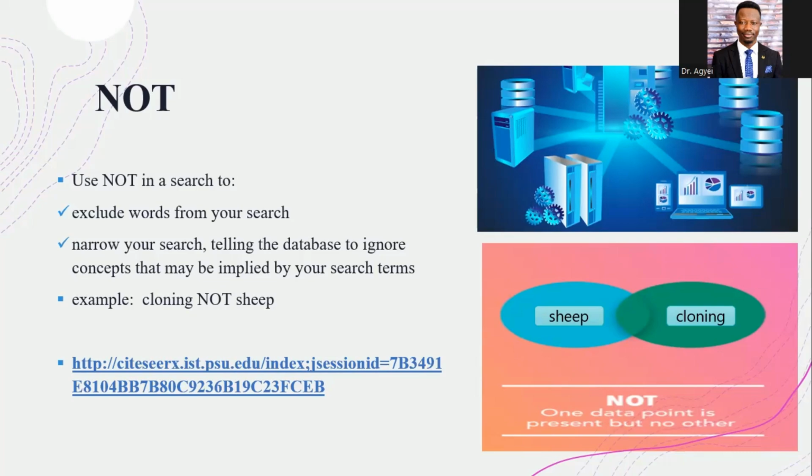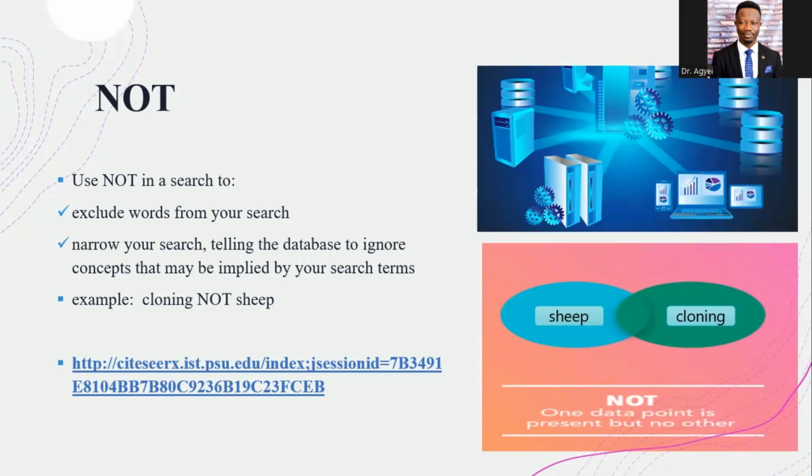So let's see, say we are doing about human genome cloning system, and then we want to look at cloning in terms of all the animals, how they are using them for the experiment, except sheep. We don't want to have anything about sheep cloning. So what we can do is that in our database, we type in cloning, not sheep.